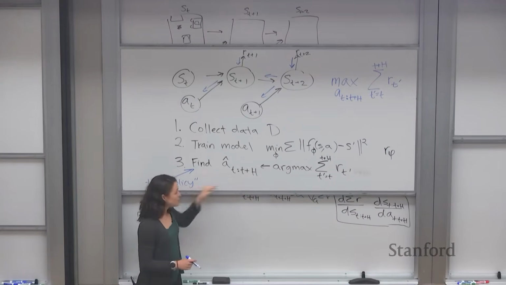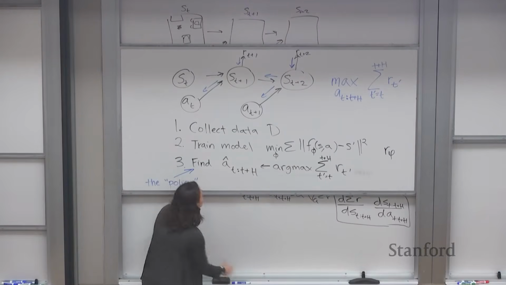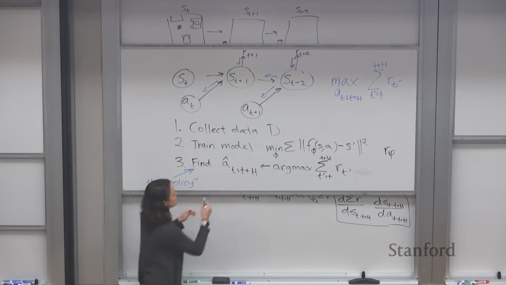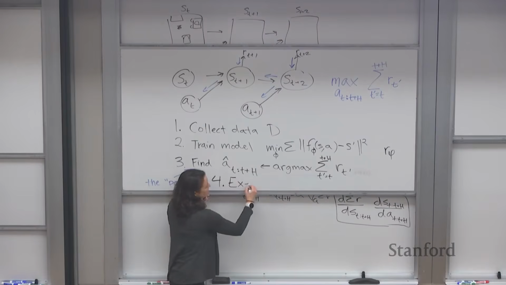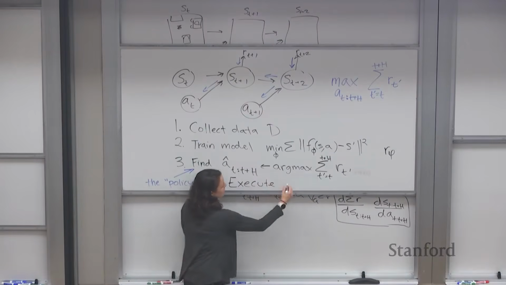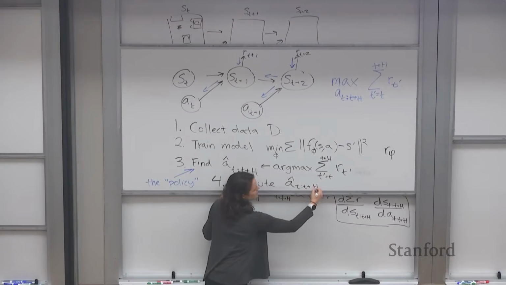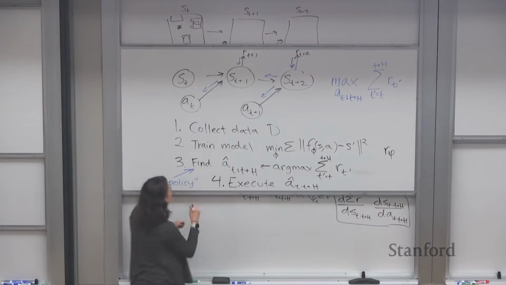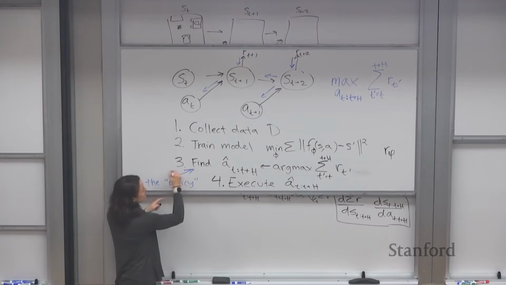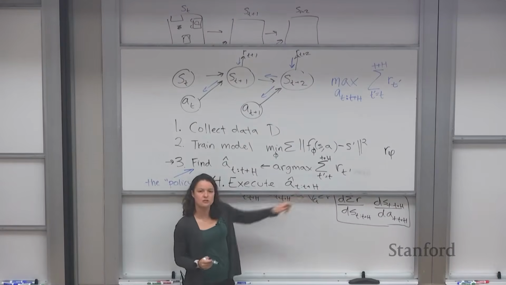And then after we execute those actions, we'll be rerunning this planning process again. So in particular, to explicitly write that out, we'll have a step 4 here that is to actually execute a hat t to t plus h. And then you will move back to step 3 after you've executed these h actions.